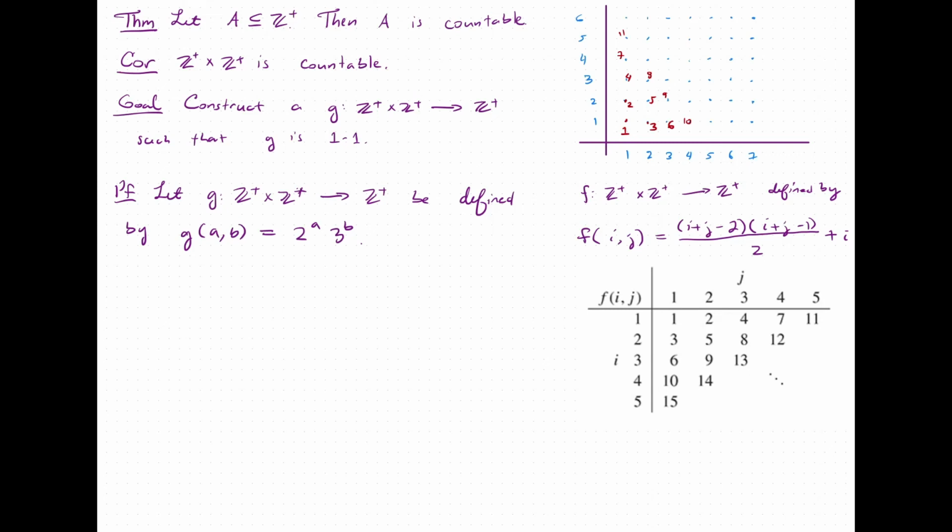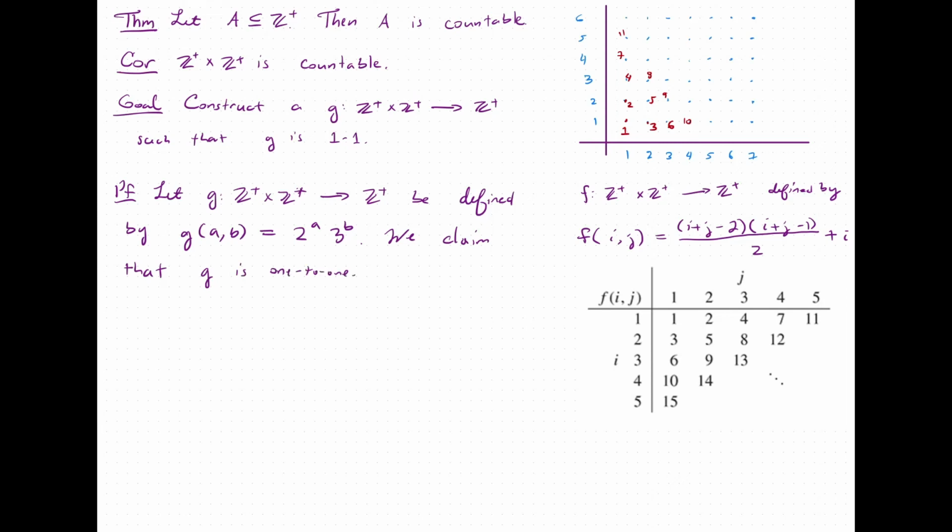That's our function. Completely different to this, doesn't require any clever manipulation. We are just sending this to 2 to the a times 3 to the b. We claim this is 1 to 1. So we claim that g is 1 to 1.